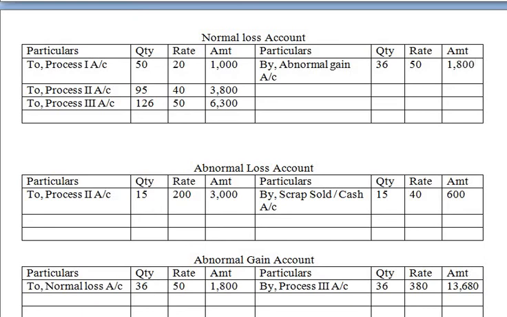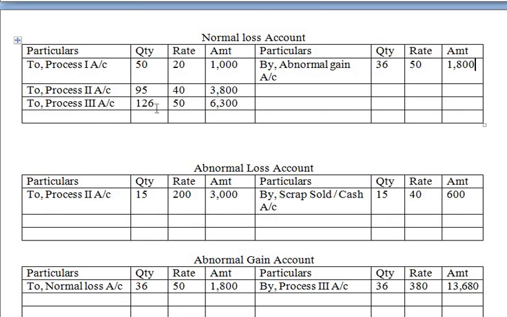Abnormal loss or abnormal gain, both will be having realizable value. If it is abnormal loss, we will sell it and show it in cash account, or we can write scrap sold. If it is abnormal gain, the entry will be abnormal gain account debit to normal loss account. Again realizable value will be of process 3 only. So that we have shown and recorded.